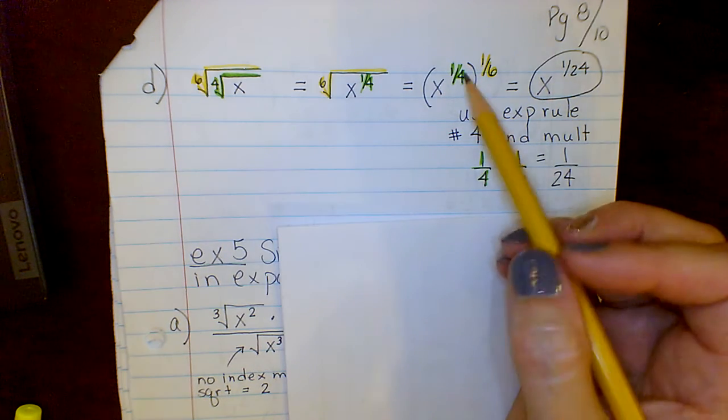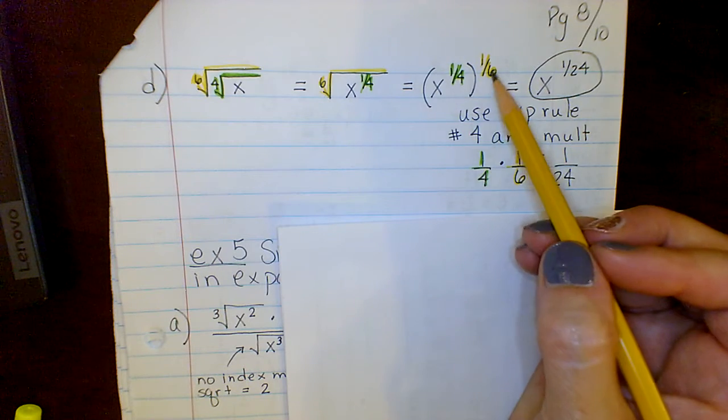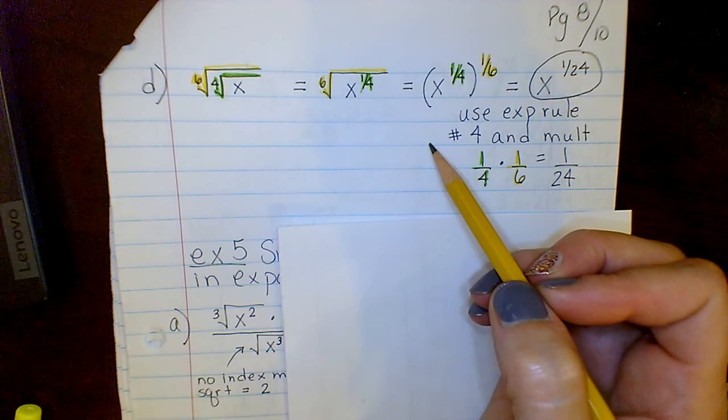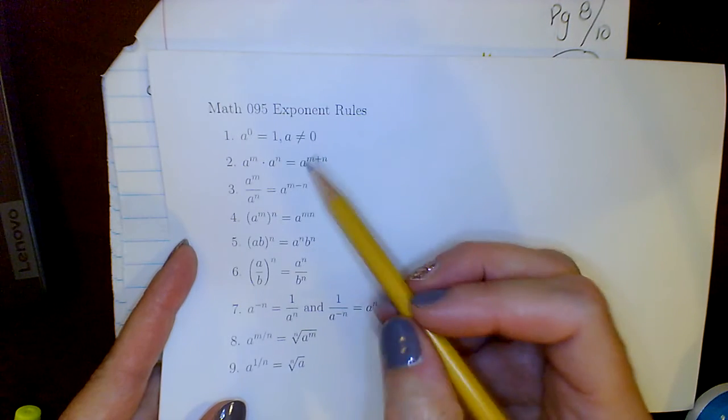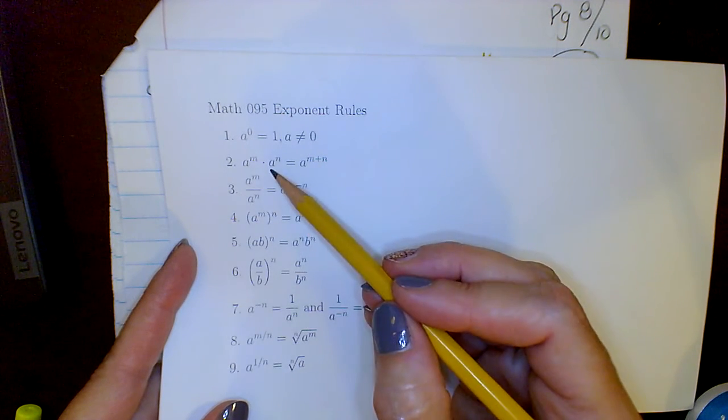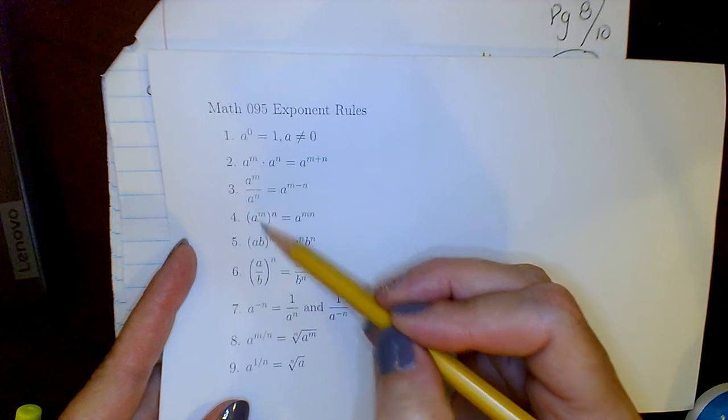Well, it depends. Do I have one base and a power raised to a power, or do I have two bases multiplied together? So that's the difference in those rules. The difference between number 2 and number 4 is that I have the same base. Here I've only got one base and 2 powers here.